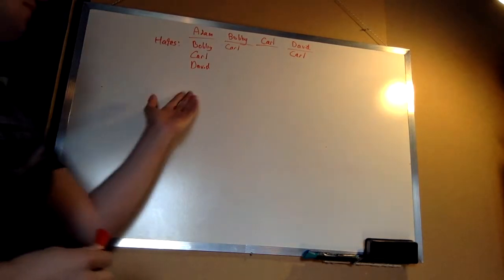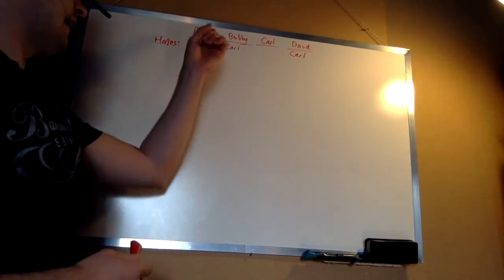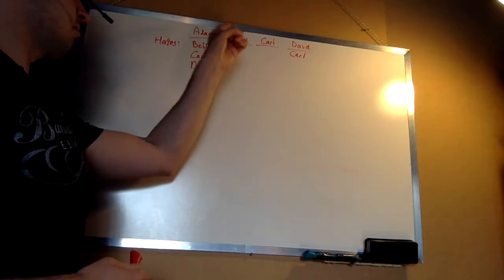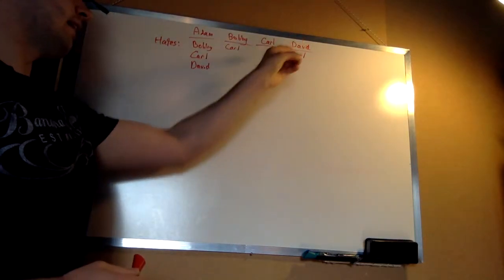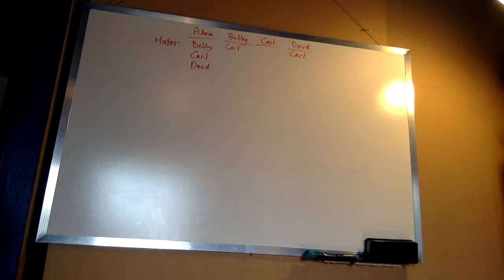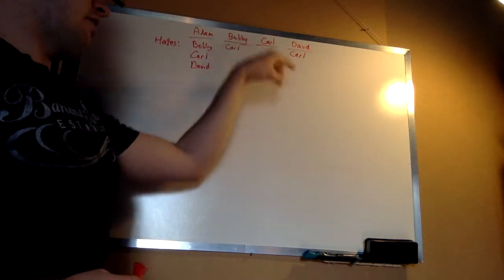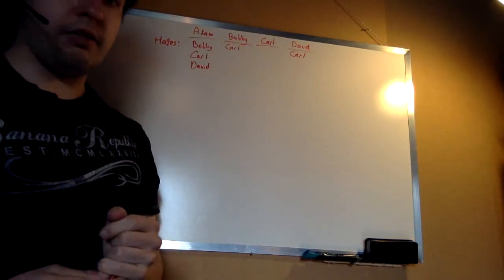Now we have this simple tabulation here. What this describes is that Adam hates everyone else, Bobby just hates Carl, Carl doesn't hate anyone, and David just hates Carl.